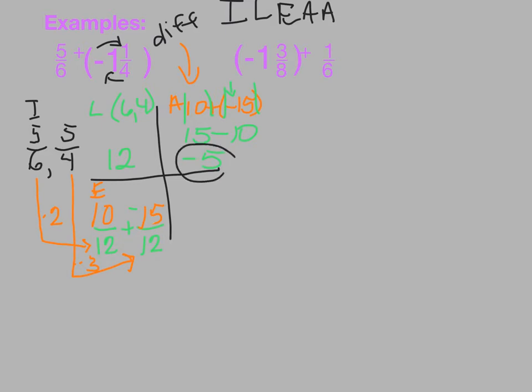And now I've got my numerator and my denominator. So my final answer is negative 5/12. This does not need to be reduced. It already is in its lowest terms. Okay, so moving right along, I'm changing some colors here, so again we can differentiate between the two.